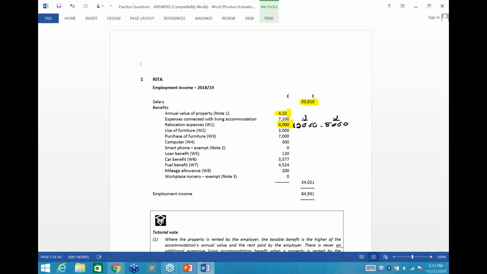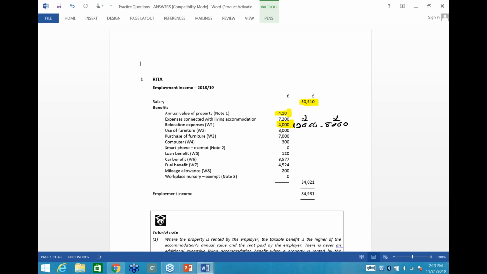If the cost of providing accommodation exceeds 75,000 pounds, then it falls within the category of expensive accommodation. Then you need to calculate the additional charge. But in this instance, it is not applicable as the house is not owned by the employer. Therefore, no additional charge. So students have to be very cautious.